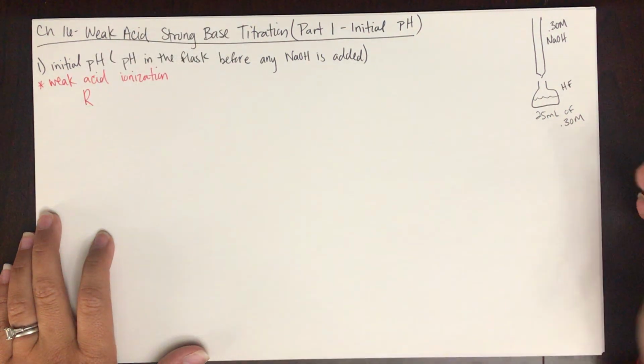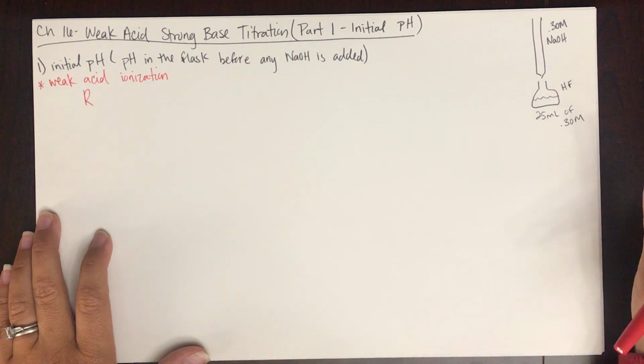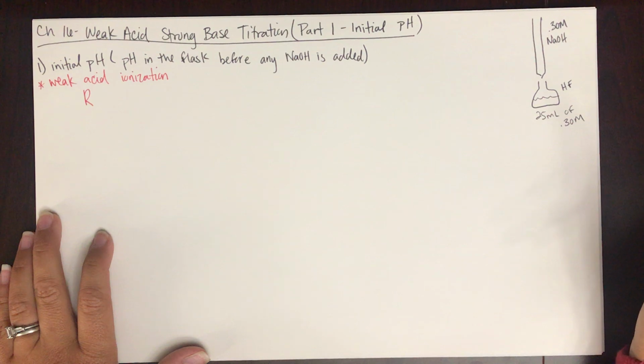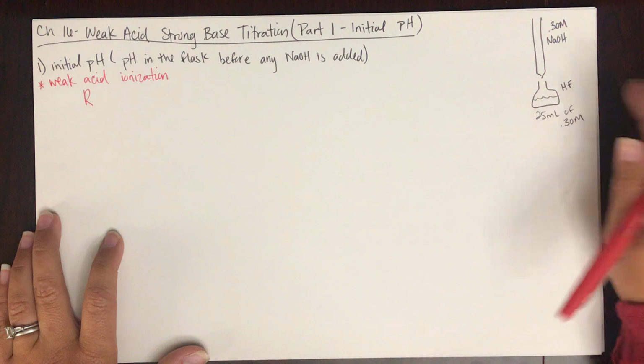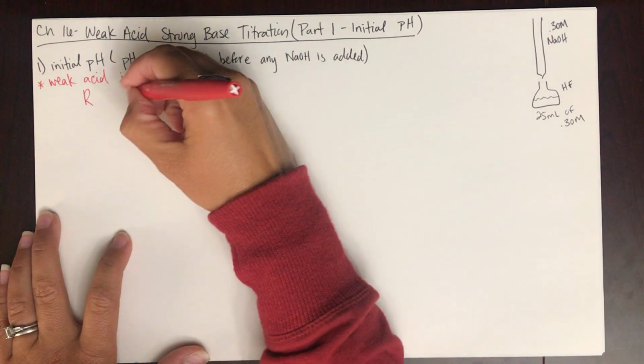That's the only chemistry happening here. We're going to need to address what chemistry is happening at each of the 5 steps, because it's going to change, and we need to know what calculations we do depending on what kind of chemistry is happening. The chemistry that's happening initially is just a weak acid ionization in this flask.